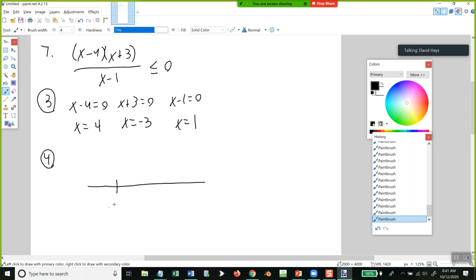When I arrange them on my x-axis from smallest to largest, -3 goes first, then 1, and then 4. Again, these split things up into intervals. Clear over here is -∞, clear over here is +∞. The key is to put parentheses on top, parentheses on the bottom.